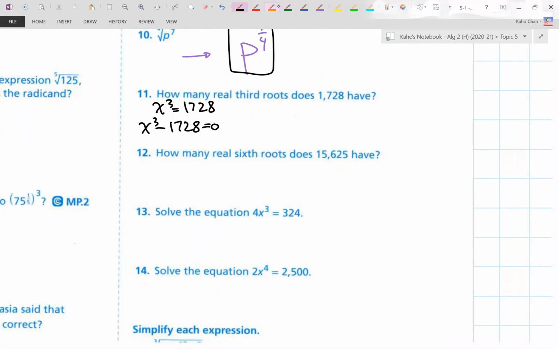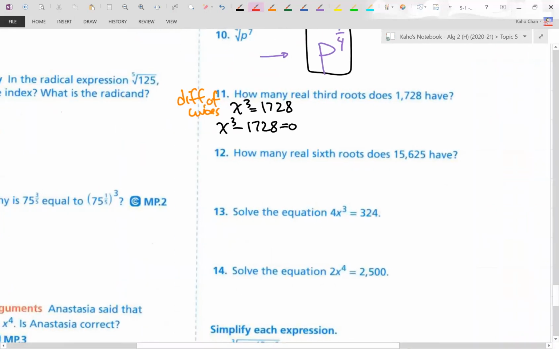We do recognize this as being a difference of cubes. And we need to use our formula that we had from earlier. I'll just write it off to the side because I have a feeling we're going to be using it again. A cubed minus b cubed equals a minus b times a squared plus ab plus b squared. We've got to use that formula, folks.